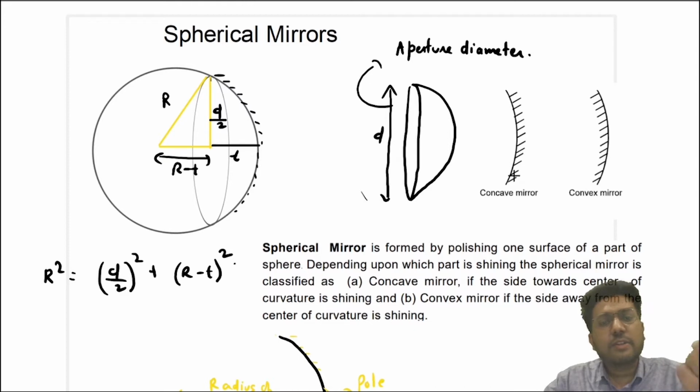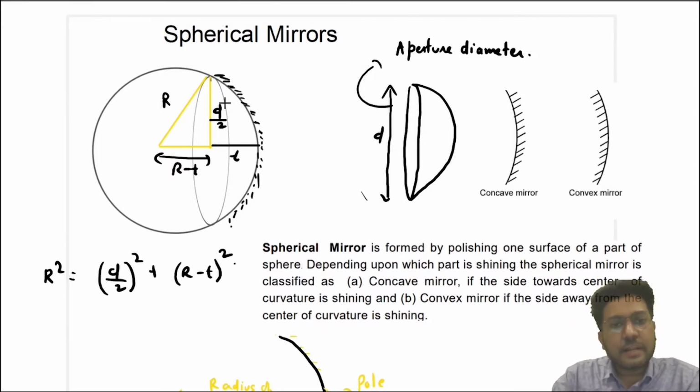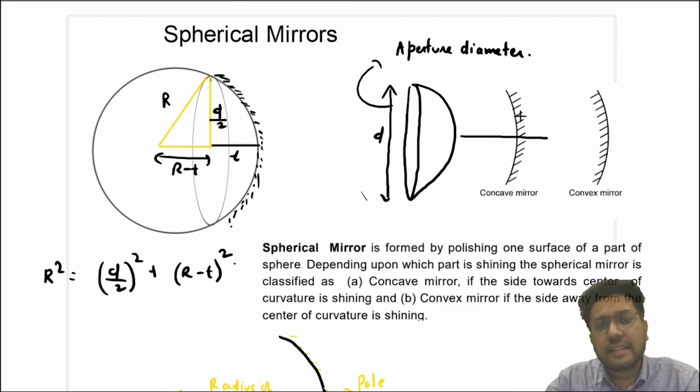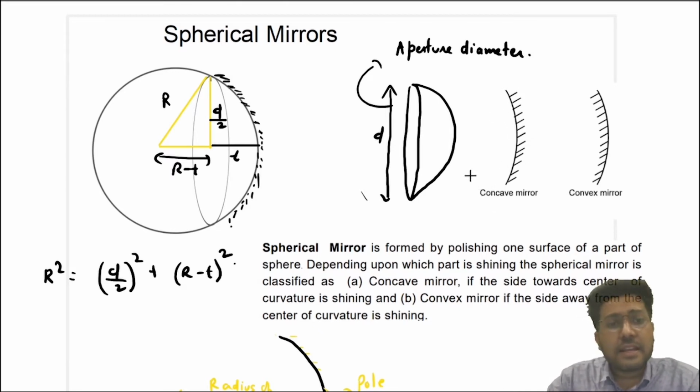Now there are two types of spherical mirrors. One, when you silver it from the outside, that means the inner side is the reflecting side. If the inner side is the reflecting side, in that case that mirror is a concave mirror. Similarly, if you silver the inner side, that means the outer side is the reflecting side.